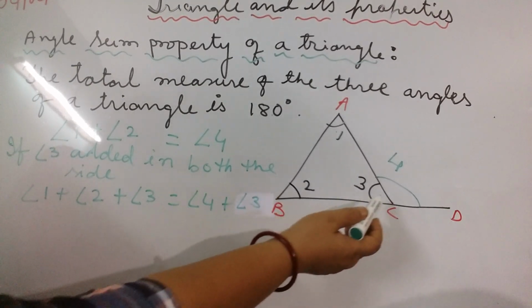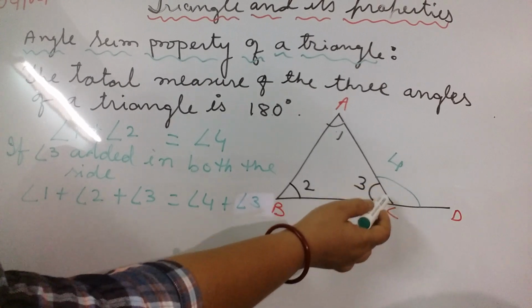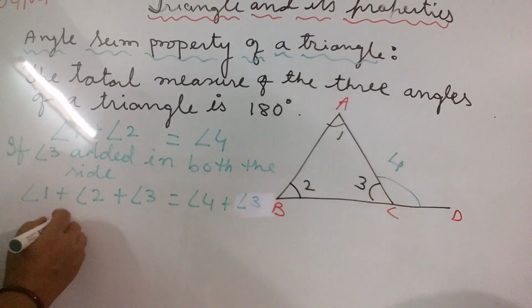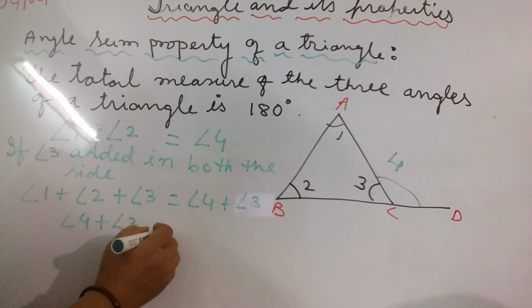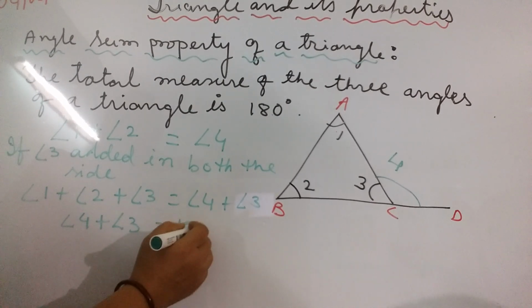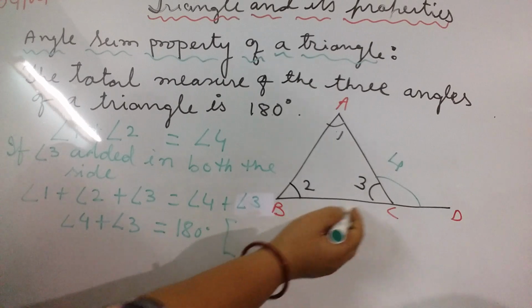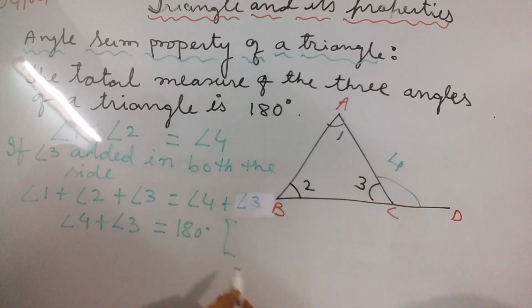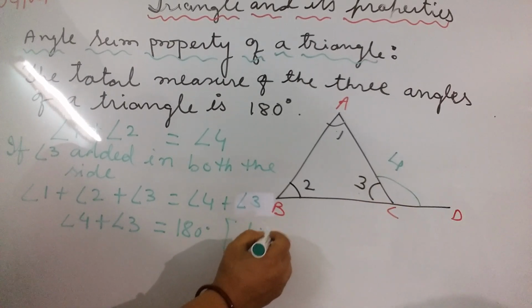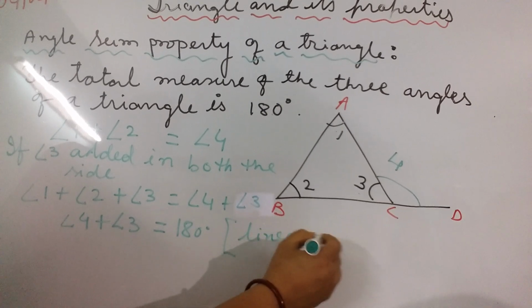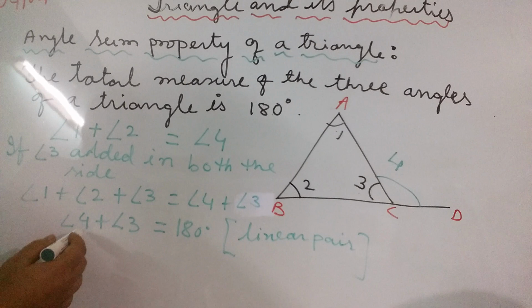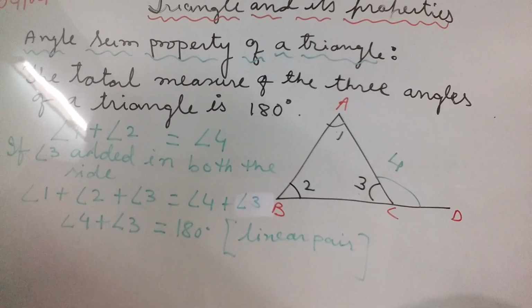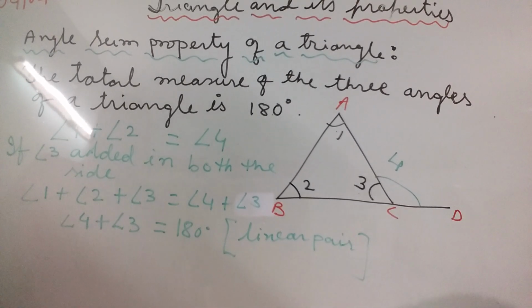Now if you look at it carefully, angle 4 plus angle 3, what is it? Angle 4 plus angle 3 is equal to 180 degrees. Why? Because angle 3 and angle 4 are a linear pair. So angle 4 plus angle 3 equals 180 degrees.